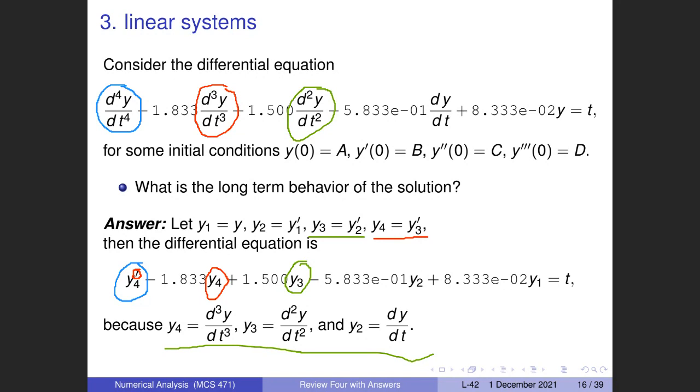So I'm having a lot of colors here. Yellow is probably not the right color. But if we read this now from right to left, we have our differential equations: y3 prime equals y4, y2 prime equals y3, y1 prime equals y2.